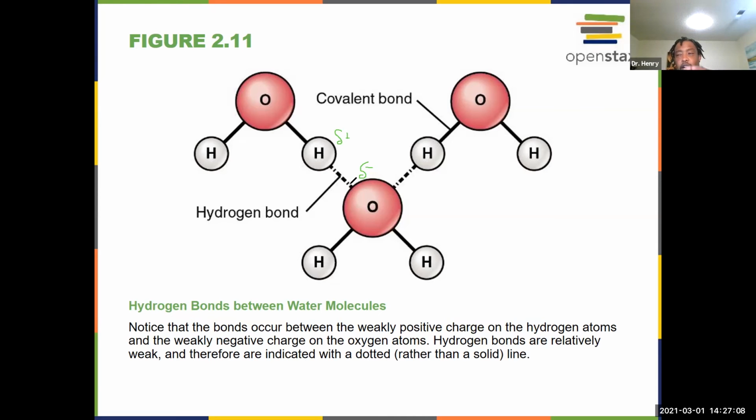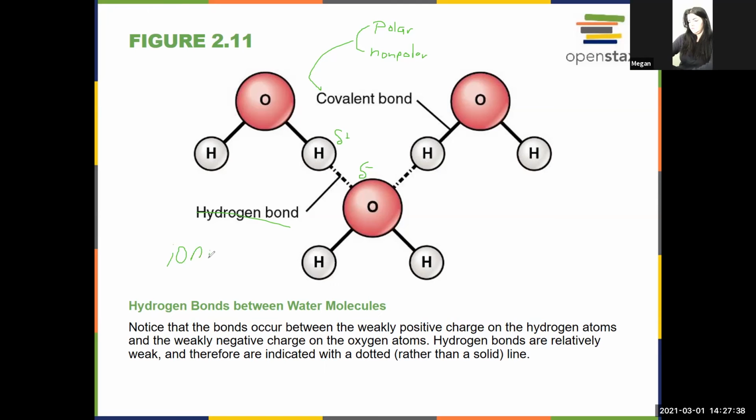Now we've talked about 4 types of bonds. Can you tell me the 4 types of bonds that we talked about? Polar covalent, nonpolar covalent, hydrogen, and the other one was ionic.